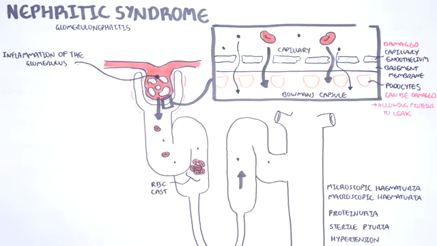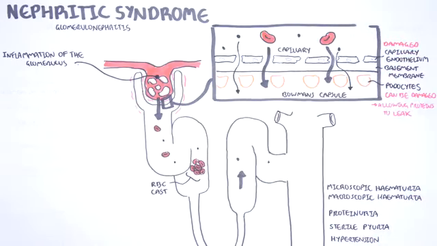In most cases, the serologic and histological findings will point to the underlying disease. You have three main types, really. IgA nephropathy, where you can see mesangial and glomerular capillary wall immunoglobulin A deposition.